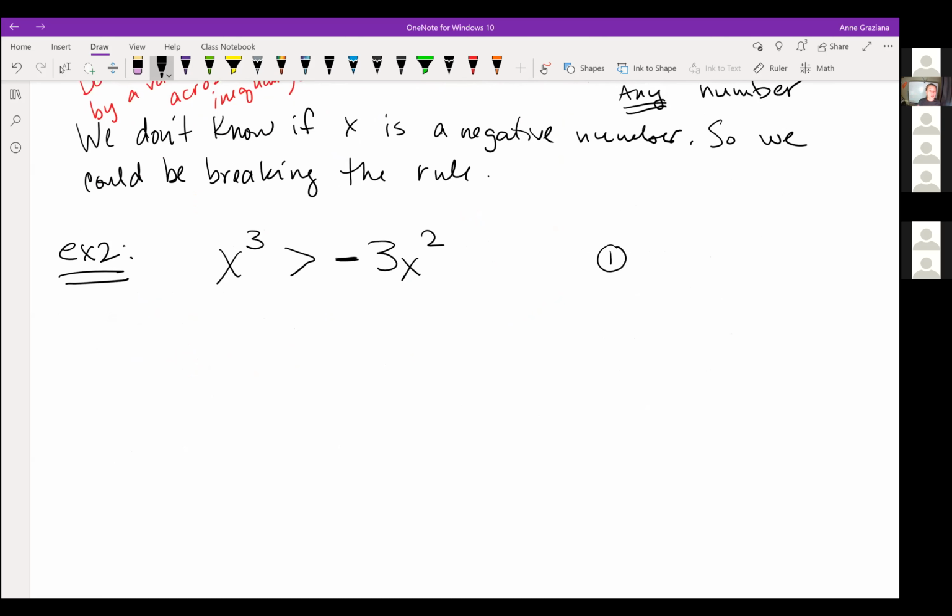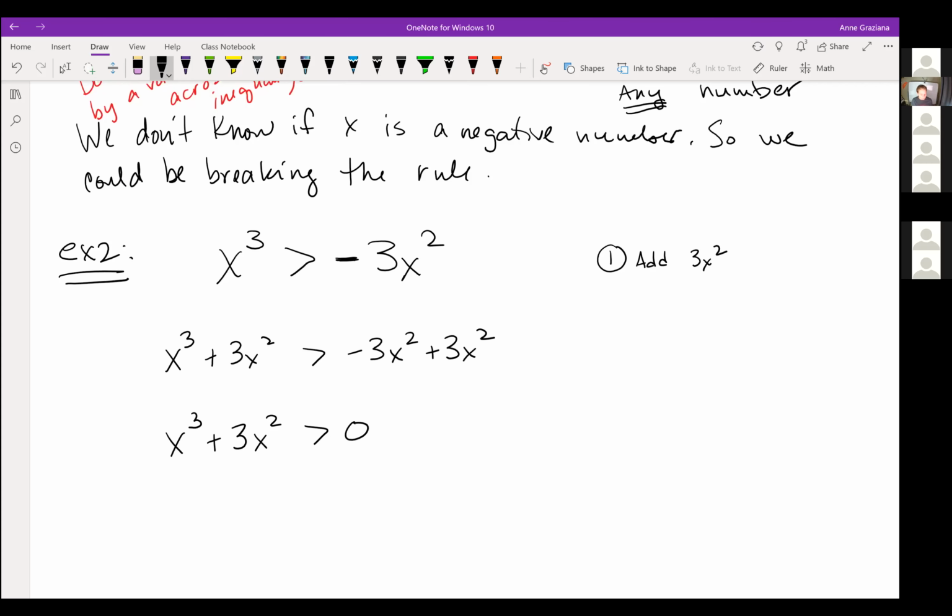Beautiful. You do not multiply or divide by x squared. If you're tempted to do that, you cannot do that. So let's add 3x squared. So this is going to be x cubed plus 3x squared. And on this side, I have negative 3x squared plus 3x squared. So you have x cubed plus 3x squared greater than 0.